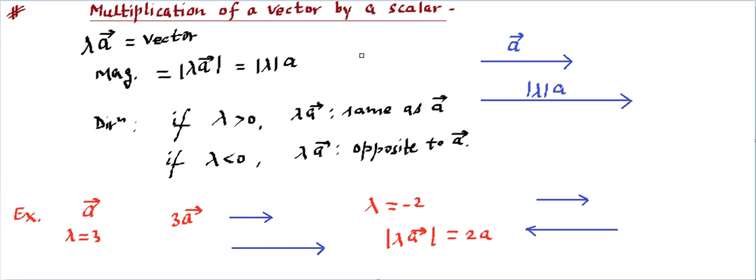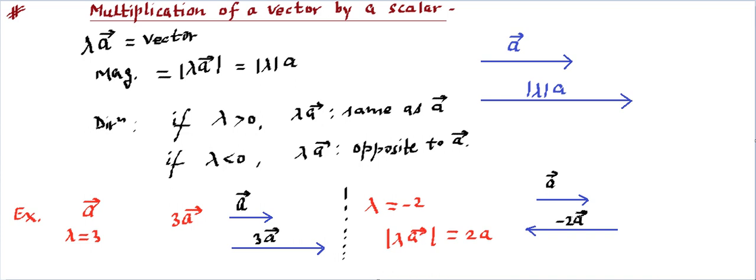If you are able to focus, you will get what's going on. If this is vector a, then this is the 3a vector, and this is the boundary, you can say. Two examples, one on this side, another on this side, for the lambda values. And if this is a, then this indicates -2a.